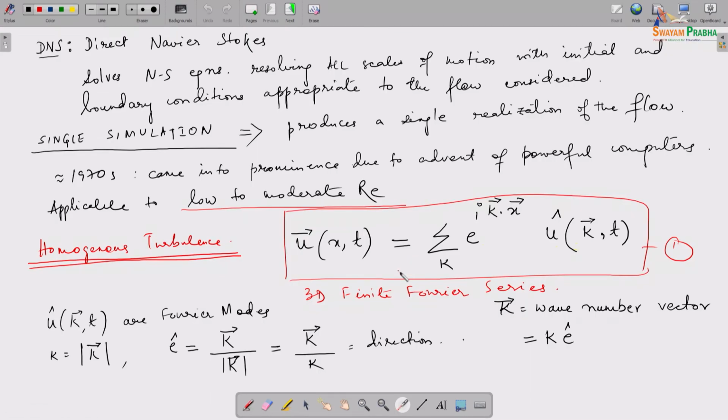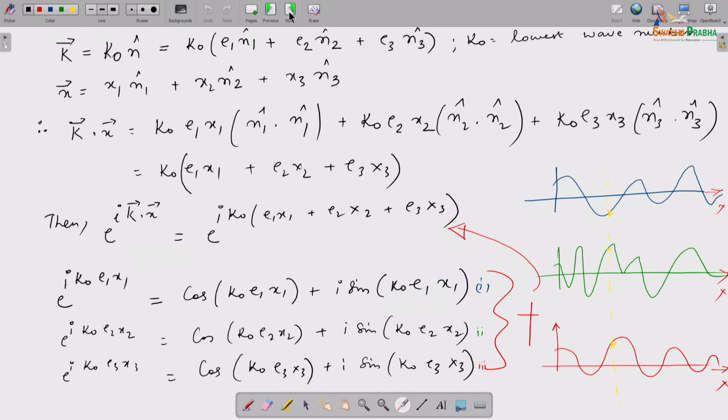So this is the representation of the velocity, and we see that it is represented as a Fourier series. Essentially, there are several modes of movement, and we put them together. Once I do that, I get a representation of the velocity. Where do I do that?